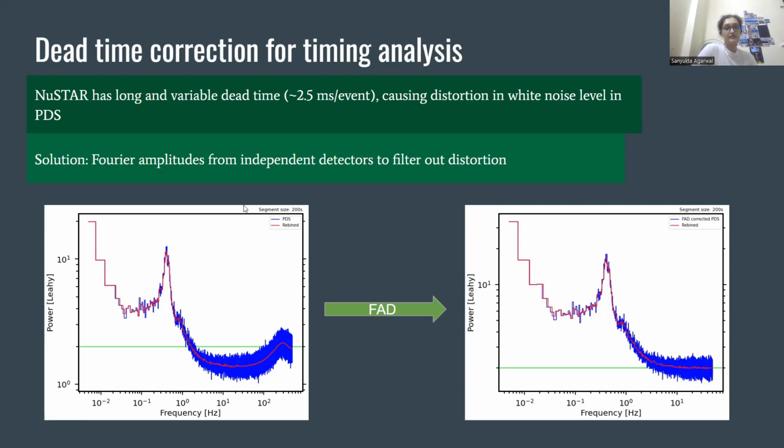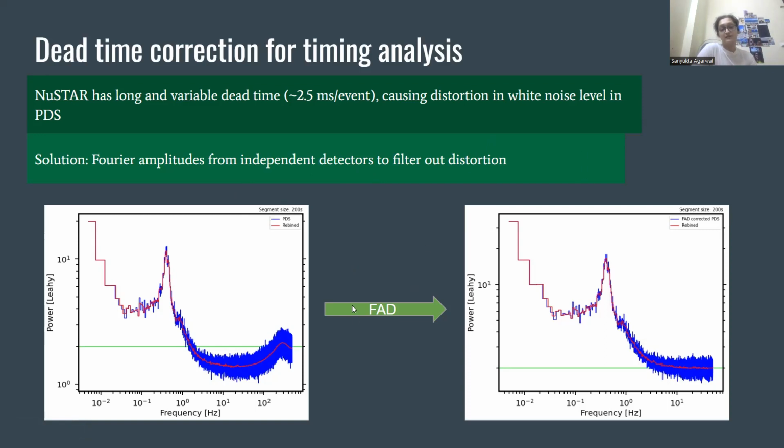NuSTAR has two independent detectors, FPMA and FPMB. We use observations from both of these detectors independently, and then we use the Fourier amplitudes from both, and thus we can filter out the distortion.